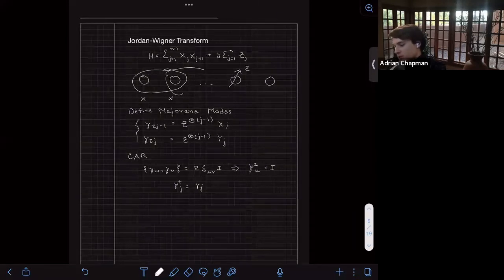So it turns out that the quadratics in the Majorana operators generate a double cover of the group SO2n. And that's a group called Spin2n.